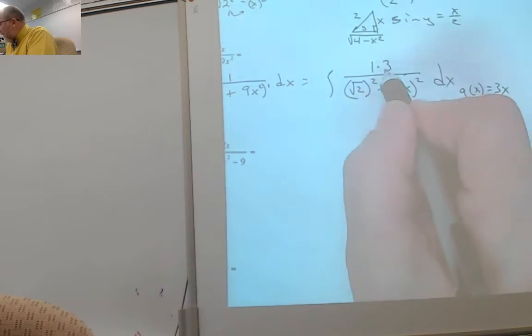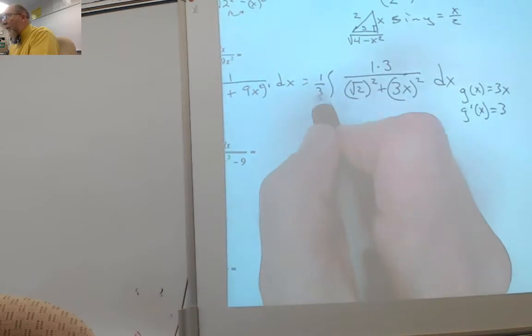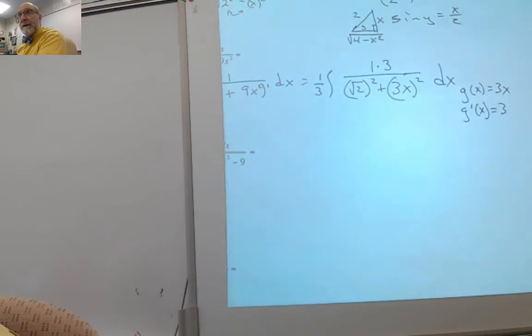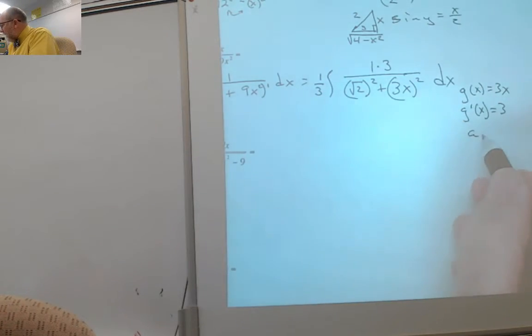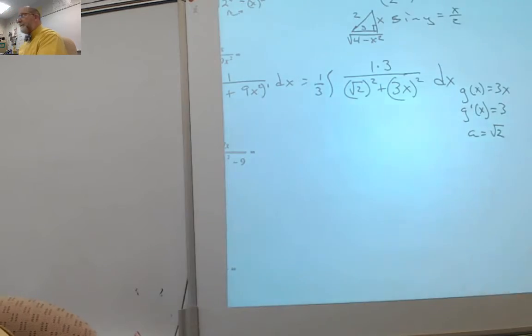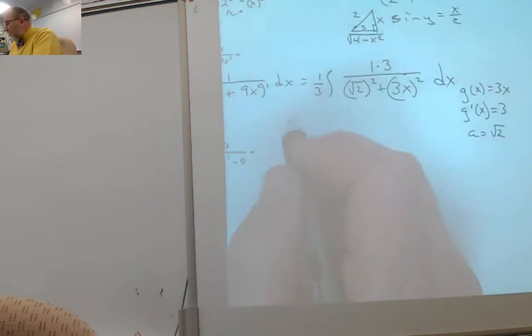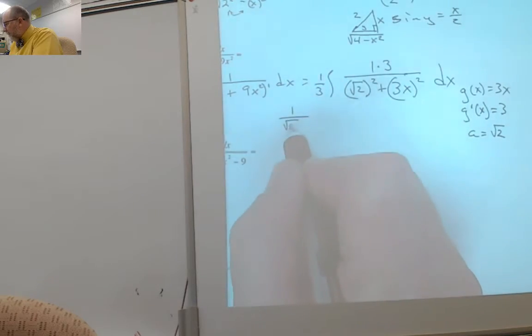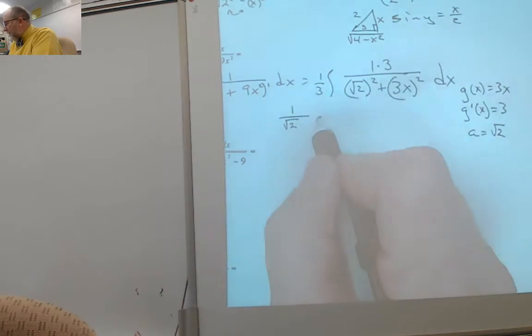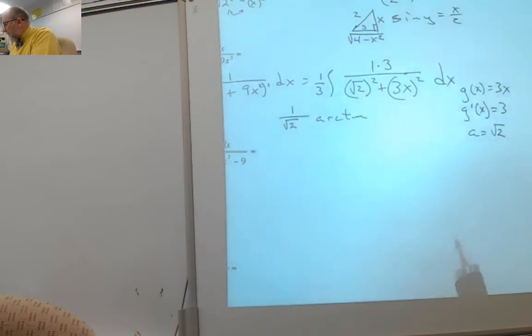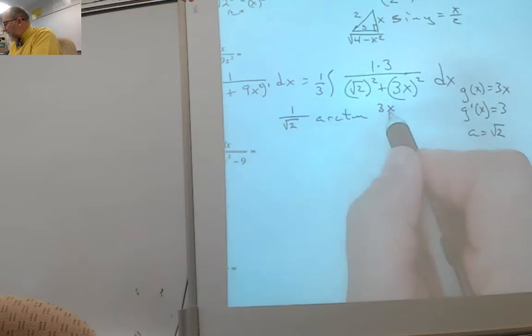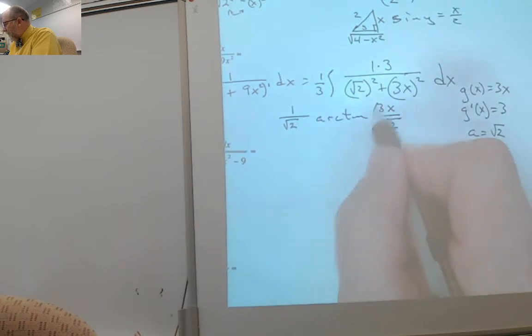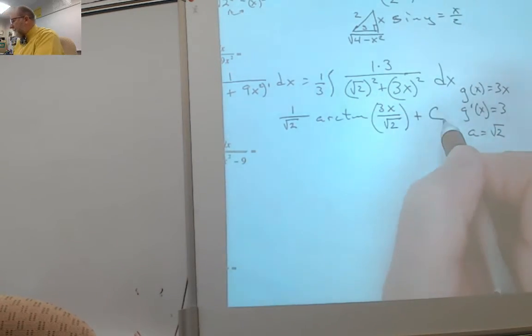I multiply by 3, and I multiply by a 1/3 out here, correct? And a is equal to the square root of 2. So it's going to be 1 over a, 1 over the square root of 2, times the arctangent of 3x over the square root of 2 plus c.